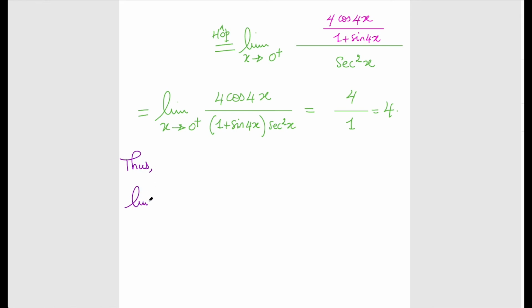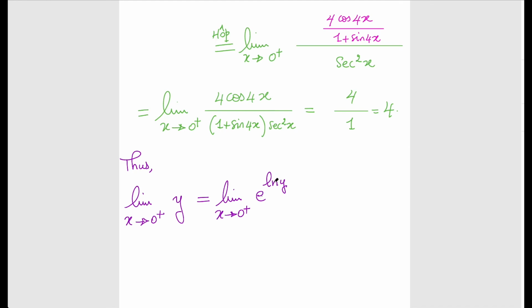the limit as x goes to 0 from the right of the function y, remember y is that 1 plus sine 4x to the power cotangent, is equal to the limit as x goes to 0 from the right of e to the power ln of y, right? Remember this property: the exponential function with base e and the log function with base e are inverse functions, so they undo each other if you compose them back to back.